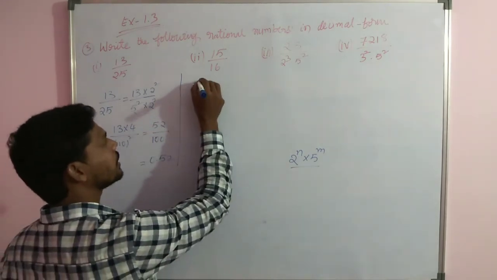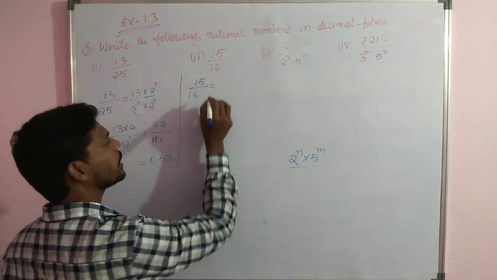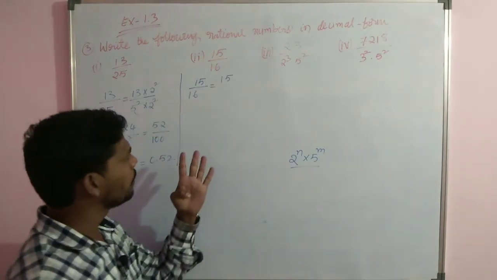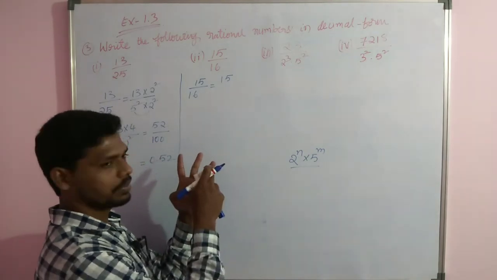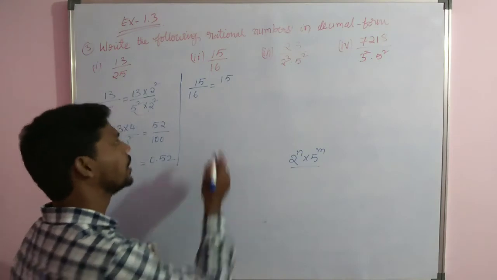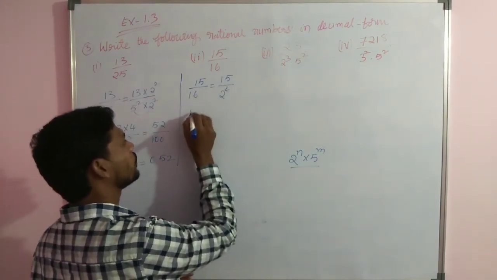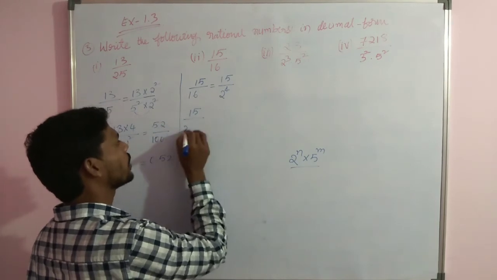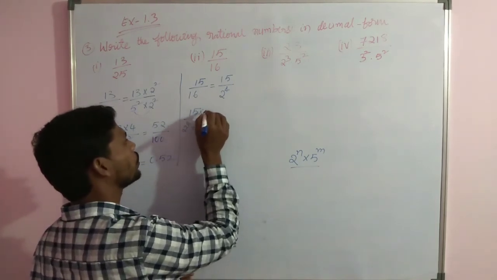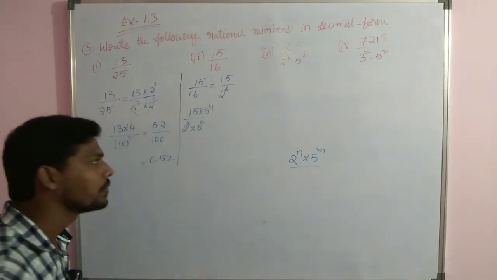The next problem is 15 by 16. This 16 can be written as 2 powers: 2 2s are 4, 4 4s are 16. So 2 to the power of 4. So 15 by 2 to the power of 4, multiply both numerator and denominator by 5 to the power of 4. Why?